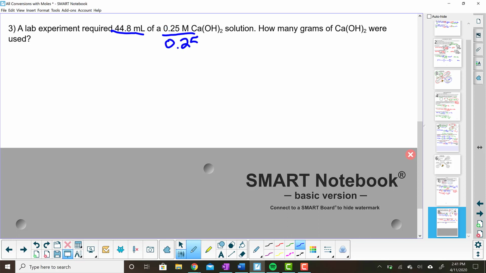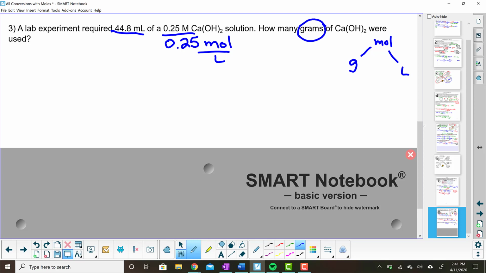I'm going to just rewrite that really quick: 0.25 moles over liters. Then I am being asked to find the grams. All right, so I need to get to grams. I know that grams is in the bottom left of my mole map. Moles is in the middle. Volume is in the bottom right. So I'm going to have to do a couple of steps here.